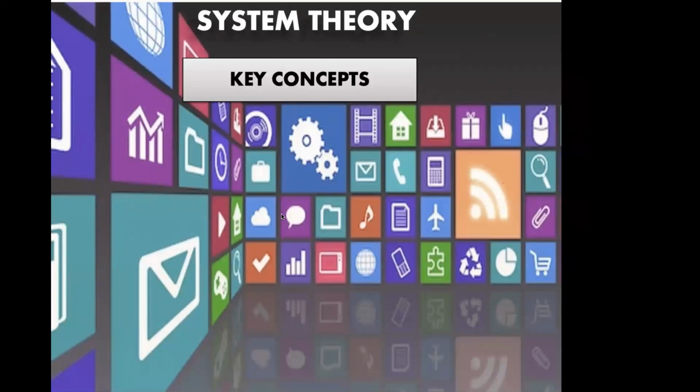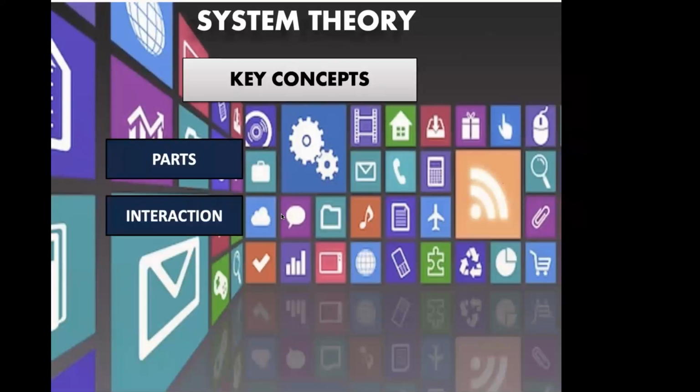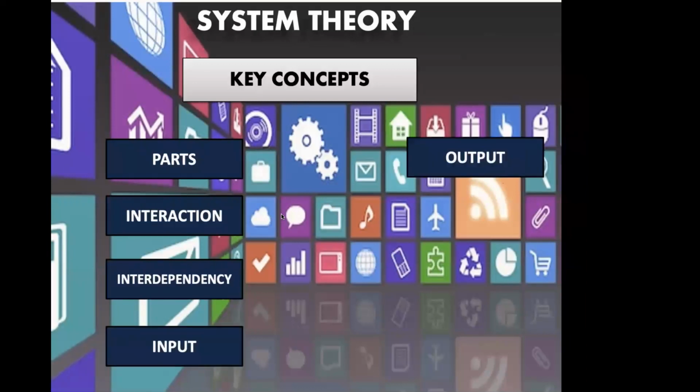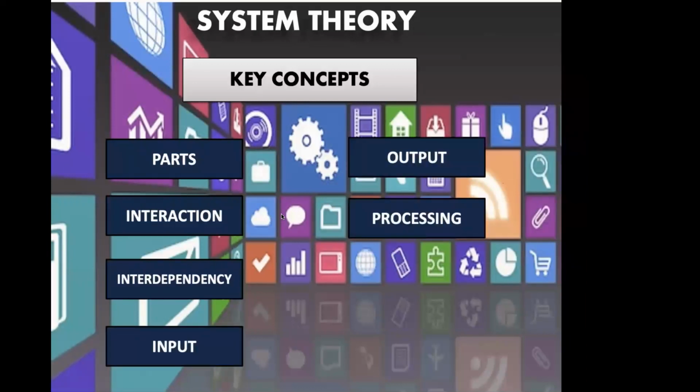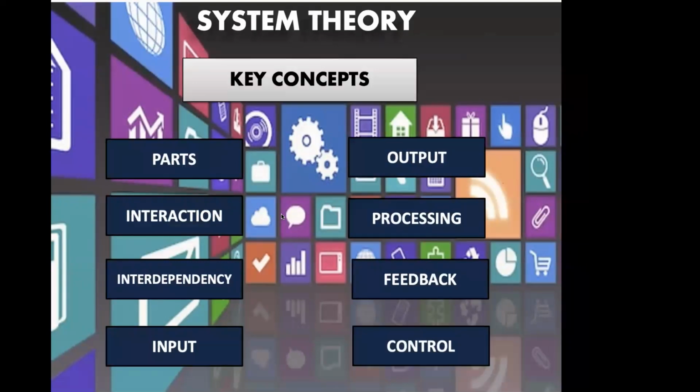The key components of system theory are parts, interaction, interdependency, input, output, processing, feedback, and control.